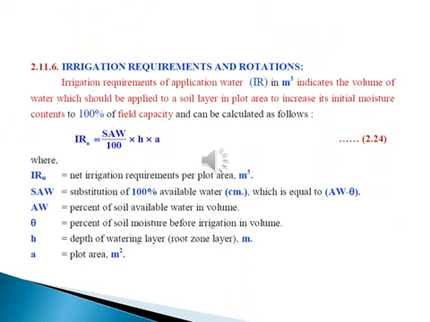Irrigation requirements of application water in cubic meters indicates the volume of water which should be applied to a soil to increase the initial moisture content of a soil layer to 100% of field capacity, and can be calculated easily by the enclosed equation.